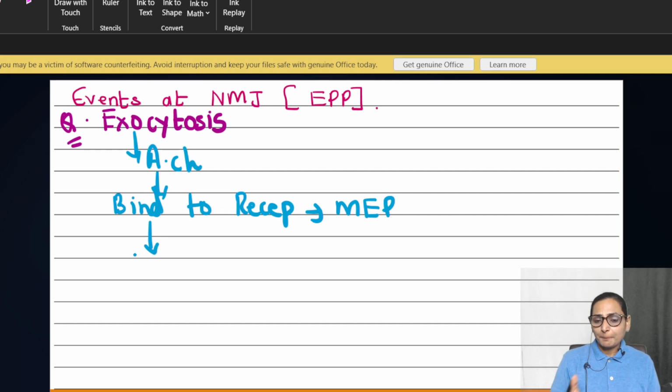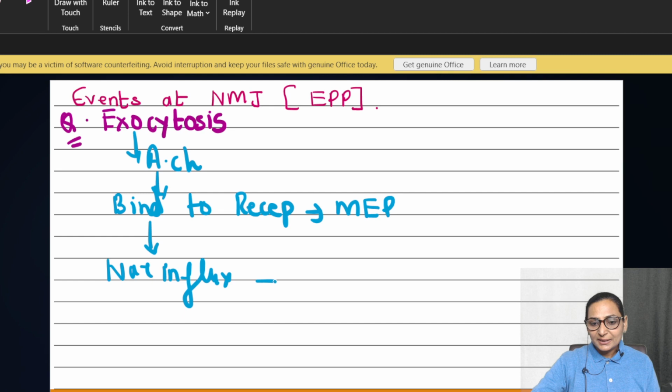Actually, sodium and potassium both can enter. However, the permeability is more to sodium, so more sodium influx will be there. Sodium is a positive ion, so the negativity, which was initially minus 90 millivolts, will be neutralized. It will be reduced, and this will result in development of the end plate potential.